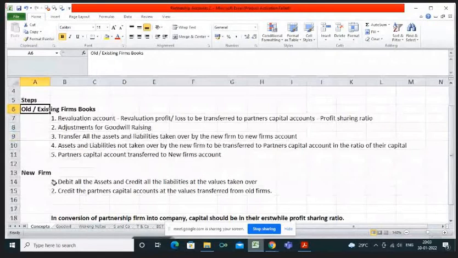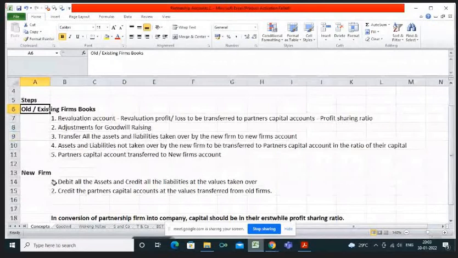Partners' accounts will not be taken over by the new firm. The new firm or the buyer will settle the existing partners' capital accounts. So this is different in the sale of firms. From the buyer's perspective, instead of new firm, there will be a buyer. What will the buyer do?